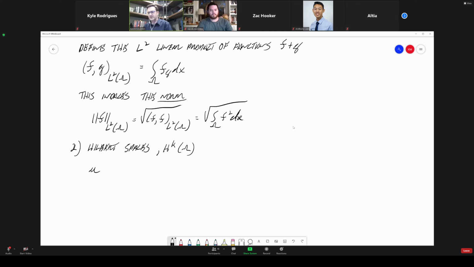And our displacement field is contained in our Hilbert space H^k in omega if displacements are contained in L2 omega, if the first derivative of our displacements are contained in our L2 space, if our second derivative of displacements are valid in our L2 space, up to the k-th derivative.